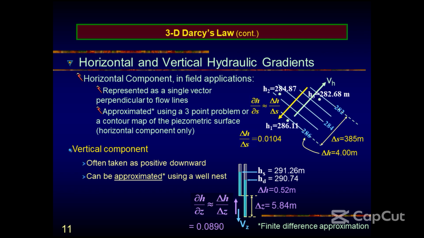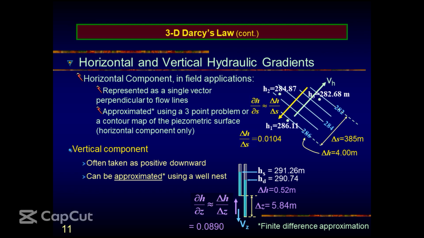The three-point problem is a method of determining the direction of the velocity of groundwater flow. So in essence, it gives us the flow direction. How do we go about the three-point problem?